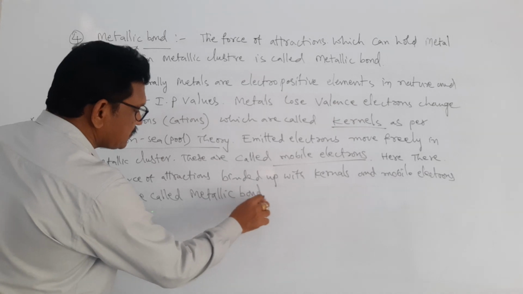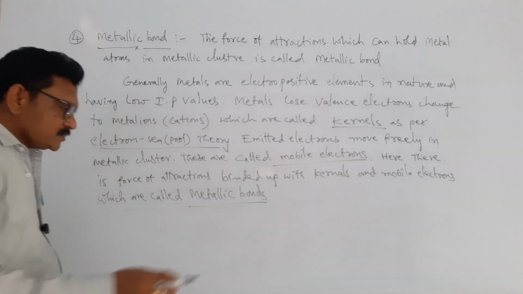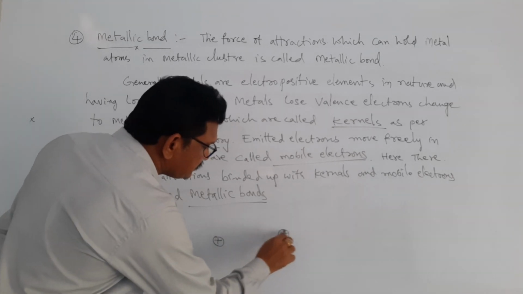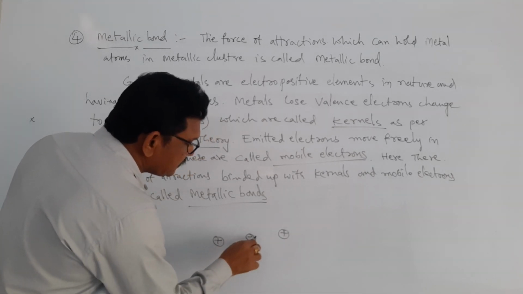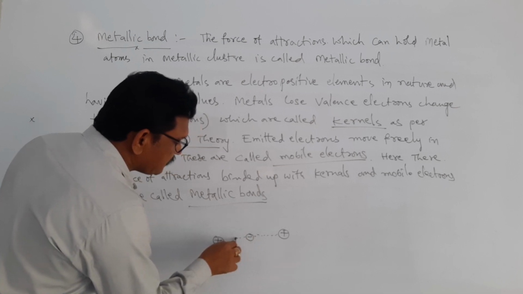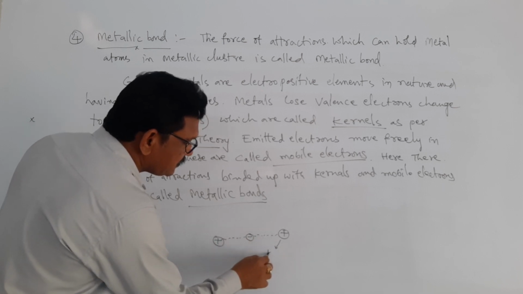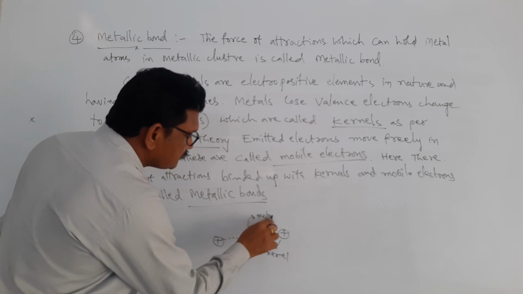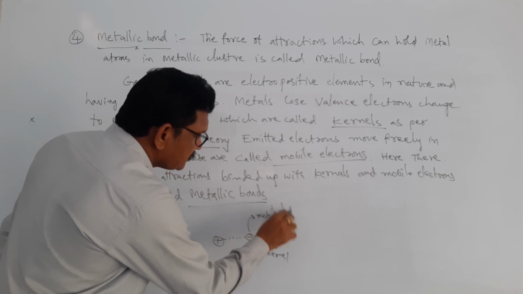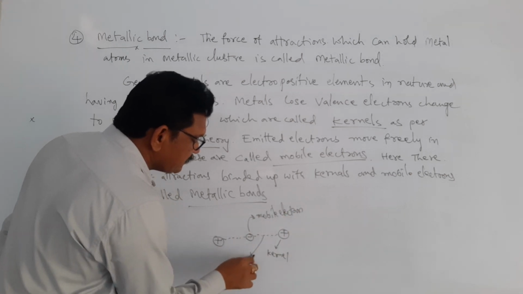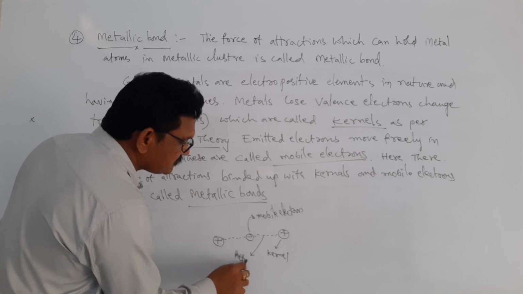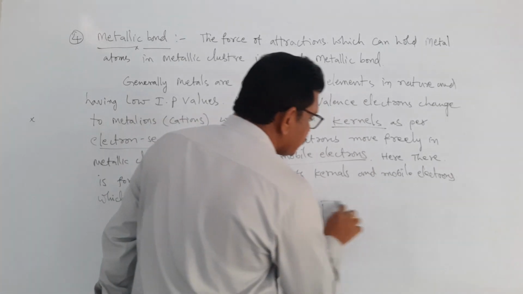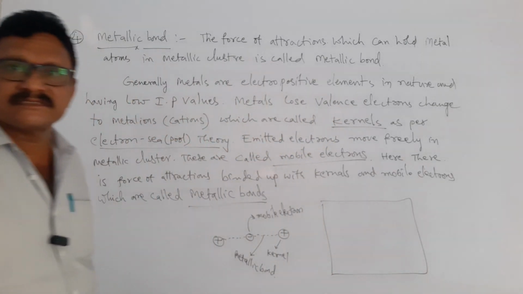This is the notes about metallic bonds, students. I give you the resulting cation; it is a kernel. These kernels are bound with mobile electrons. Minus means mobile electron. Whatever force develops between them is called metallic bond. Take a metallic crystal like this.